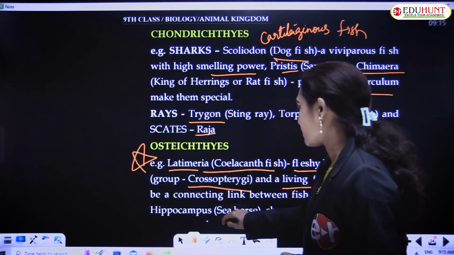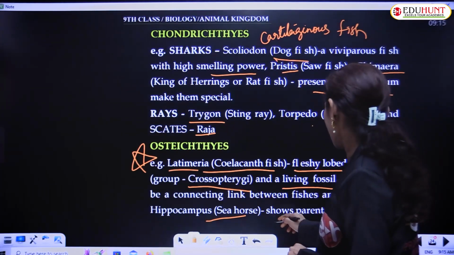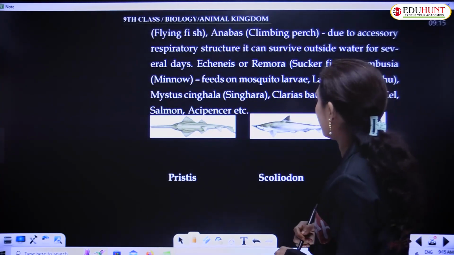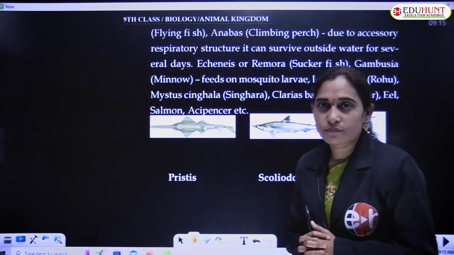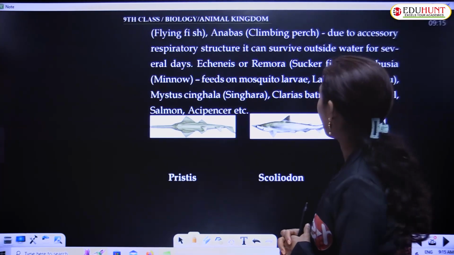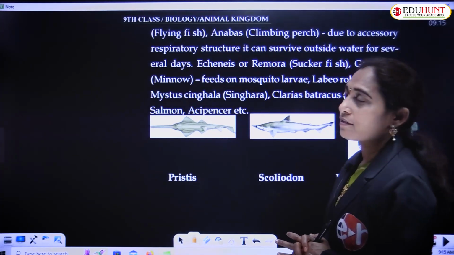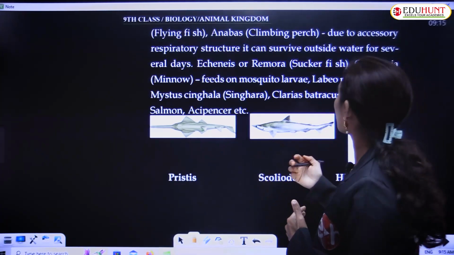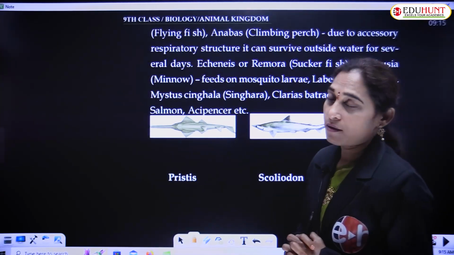And Hippocampus, commonly called seahorse, shows parental care. Exocoetus is commonly called flying fish. Anabas, climbing perch, due to accessory respiratory structures, can survive even outside the water for several days.